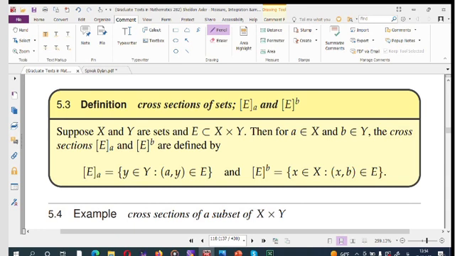Then for each A in X and B in Y, the cross sections EA and EB are defined by these sets. EA is equal to all y such that this ordered pair belongs to E, and EB is equal to this set.